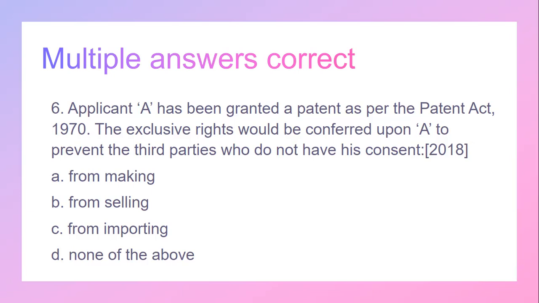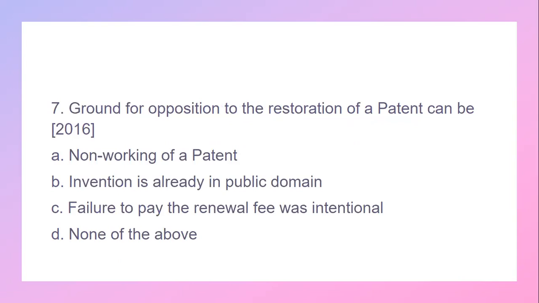Let's move forward. Now, ground for opposition to the restoration of a patent can be C. Failure to pay the renewal fees was intentional. There is only one ground which is available for opposition to restoration.